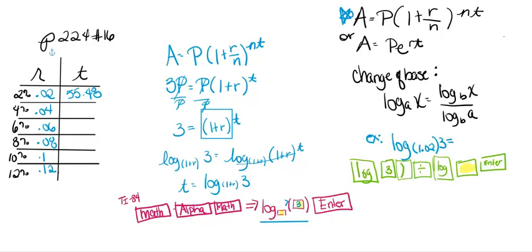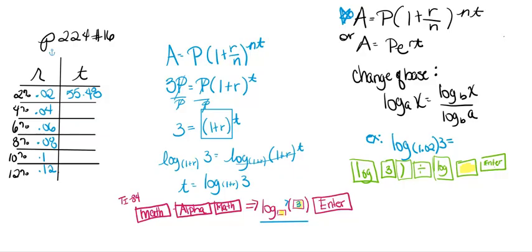Okay, so if your calculator does not automatically do change of base, you're going to have to put it in. So I put the change of base formula up here, which is log your old base of some number equals log your new base of that number divided by log your new base of your old base. Okay, y'all done plenty of problems like this, so you should remember it.